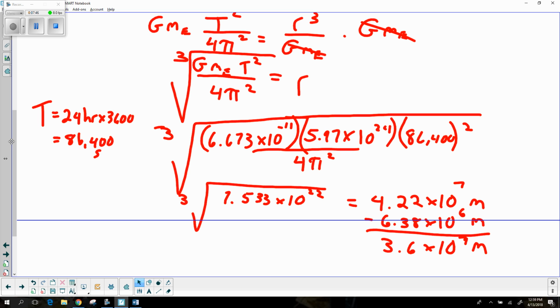So it's 36 million meters. Or 36,000 kilometers. So did that help for number 3?